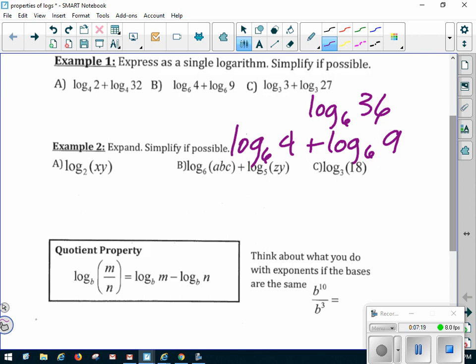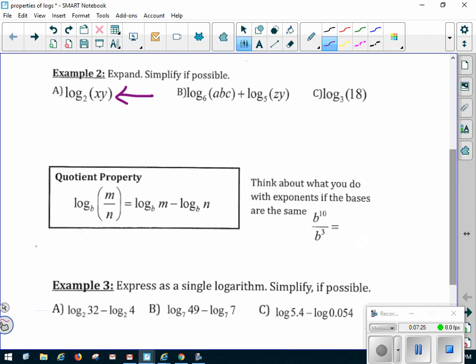So how would I expand that log? Log base 2 of x plus the log base 2 of y. Good. Nothing else I can do there. What about B?